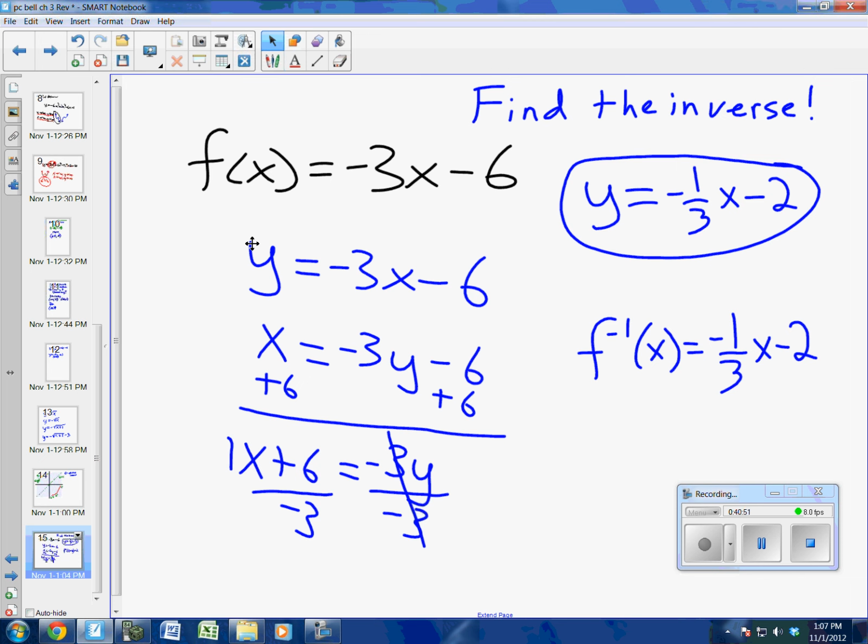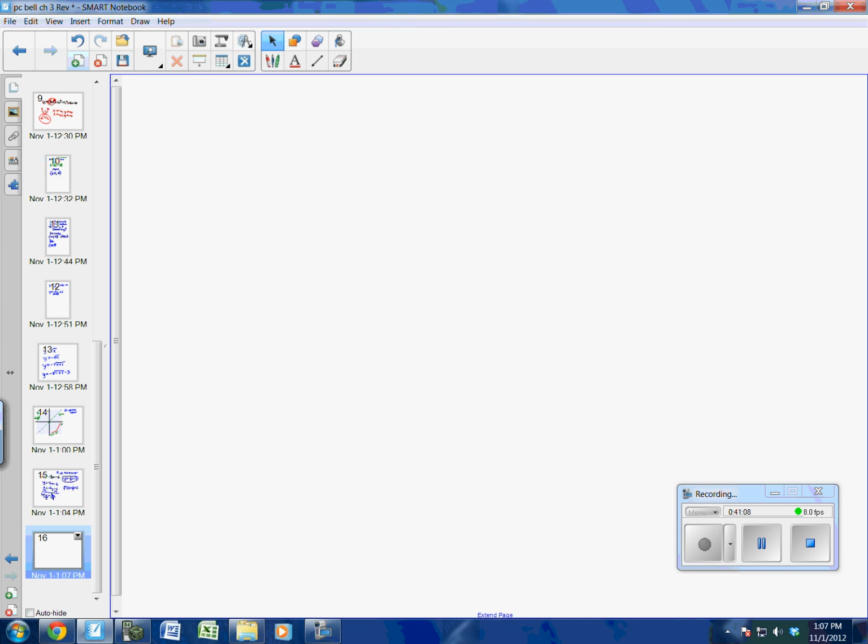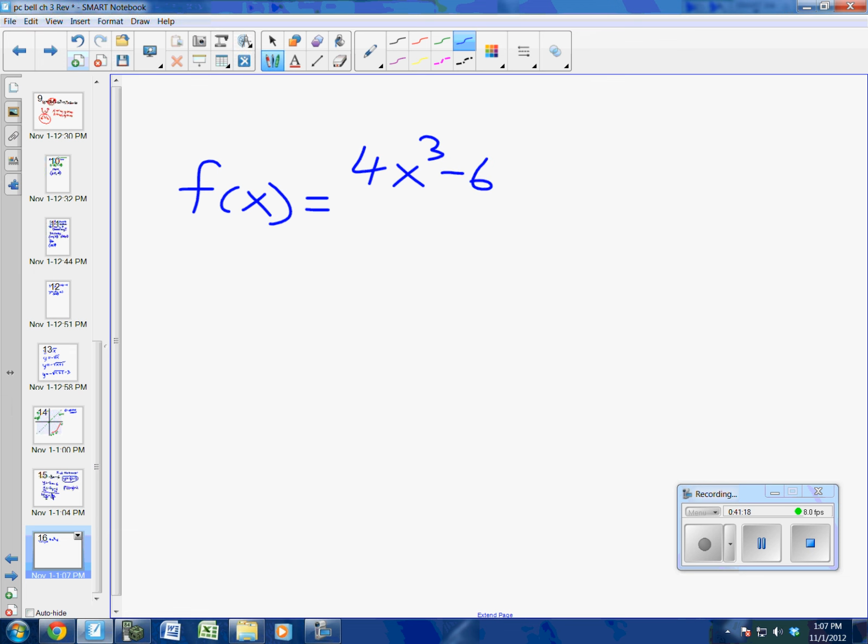Okay, the next problem. The last type of problem that we're going to do is I'm going to give you guys rational functions. Okay, let me give you one right here. I'm going to give you the rational function f of x equals 4x cubed minus 6x plus 2. You know what?